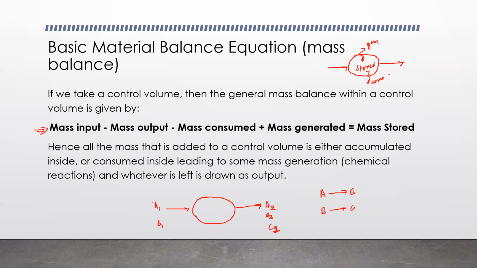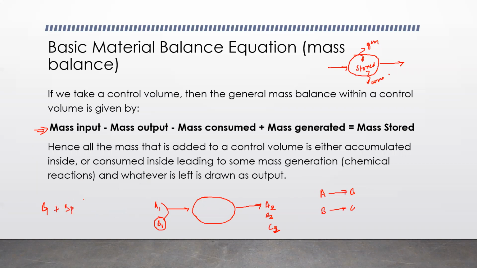Whenever we do mass balance, let's be more accurate and do mass balance for B. The B that is entering is B1. Because of A in the input, some B would also be produced.